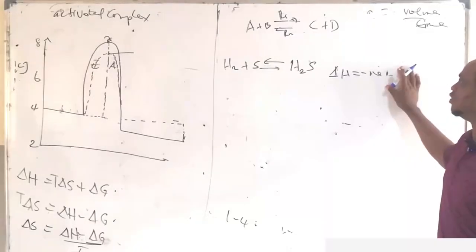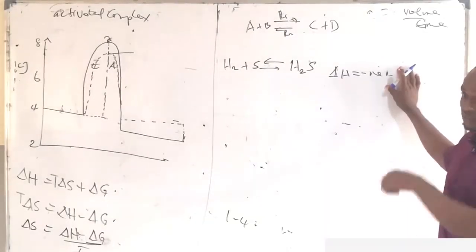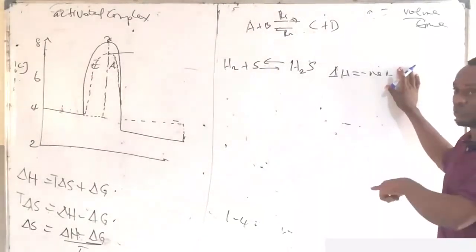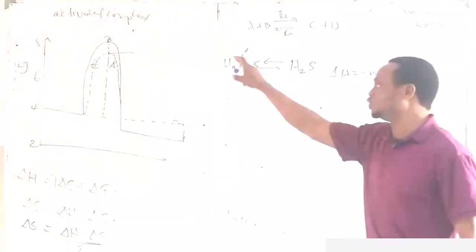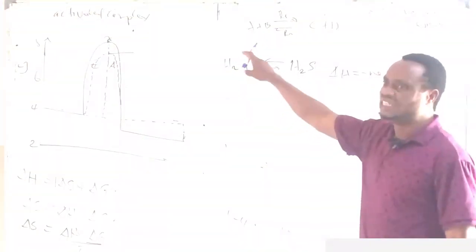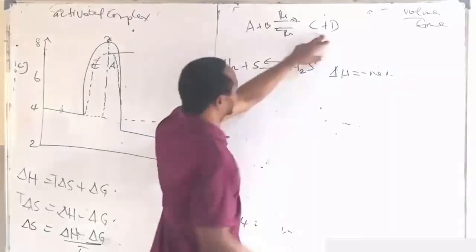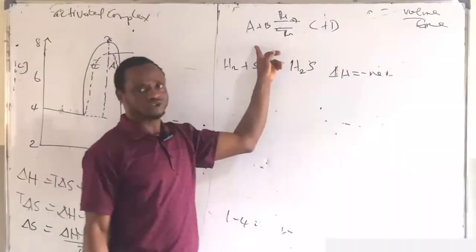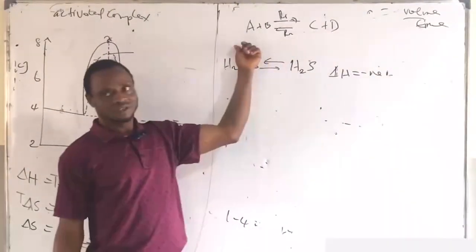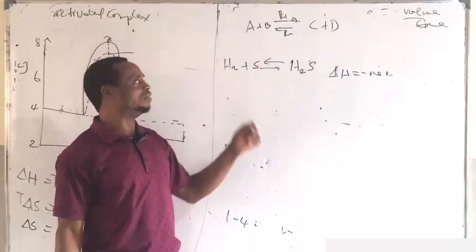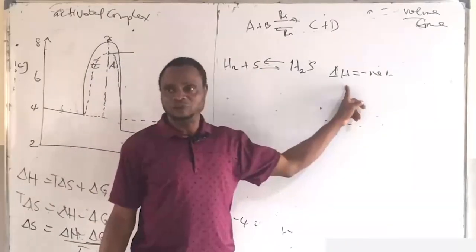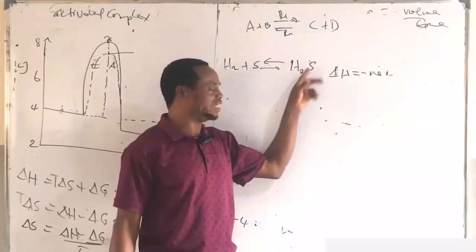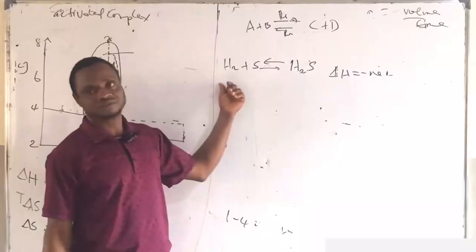How do we know that if you add more heat to the system, which means if you increase the temperature, will it affect the forward or backward reaction? In this system, we have what we call forward reaction and backward reaction, or right and left. Now, increase in temperature will favor which side, the right or the left?